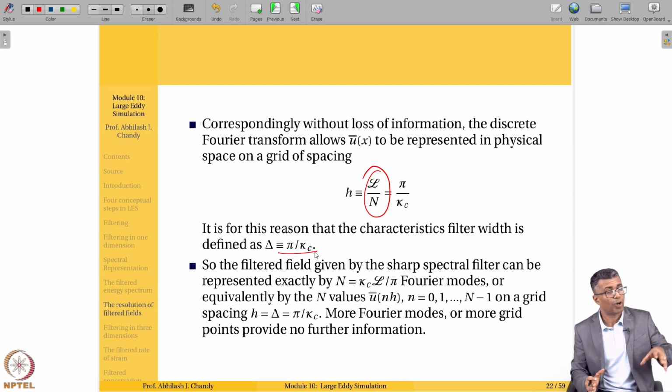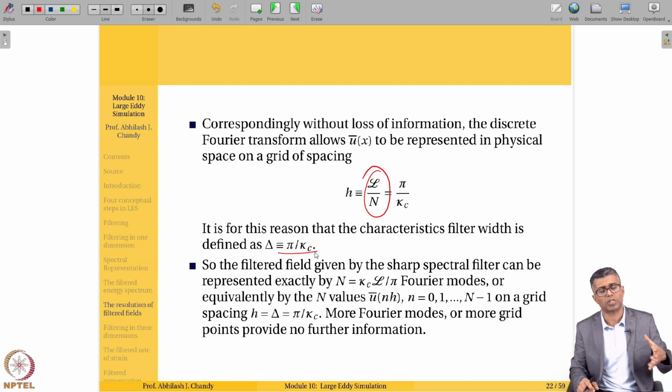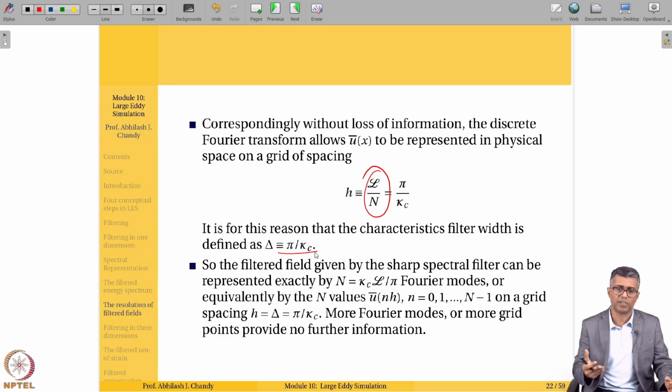Following me? You're not resolving anything less than h. So your grid spacing is your benchmark. So in most cases you choose delta to be equal to h. That is why we are writing delta is equal to pi over kappa c.